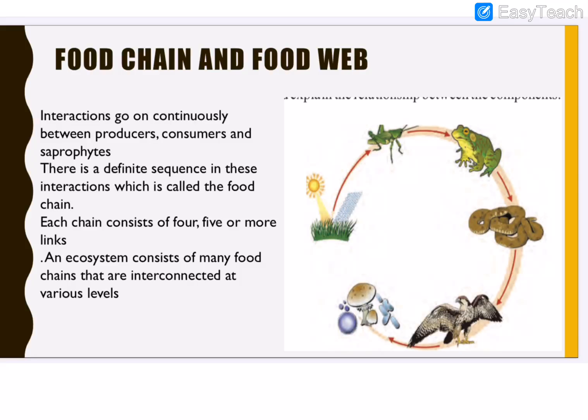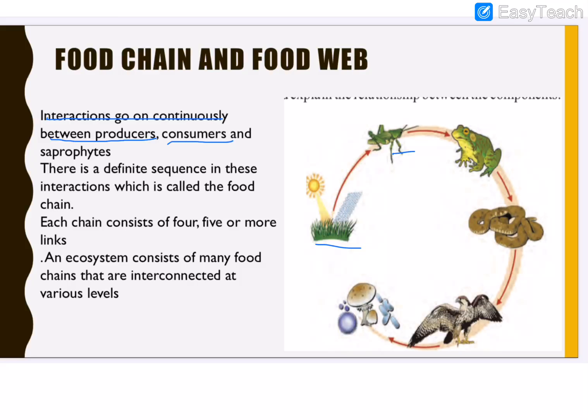It is the flow of energy in the ecosystem, and all the organisms depend upon each other for food, like sun, grass, grasshopper, insects, frog, etc. So the interactions go on continuously between organisms, between producers. Producers means plants. You can see plants.